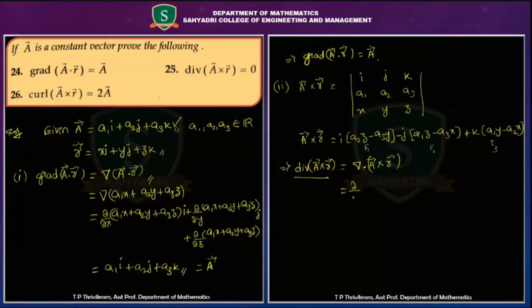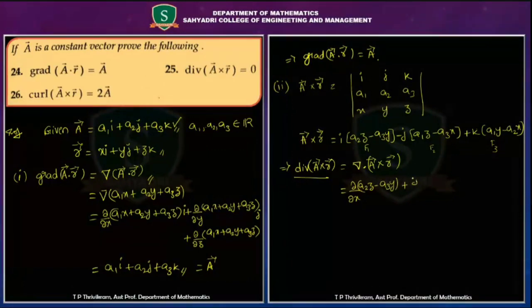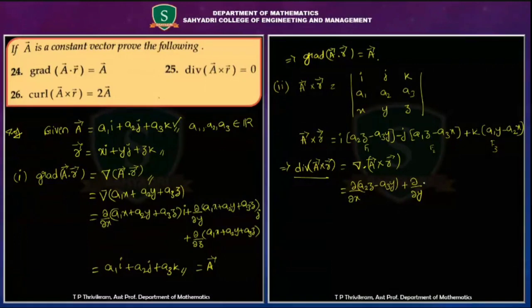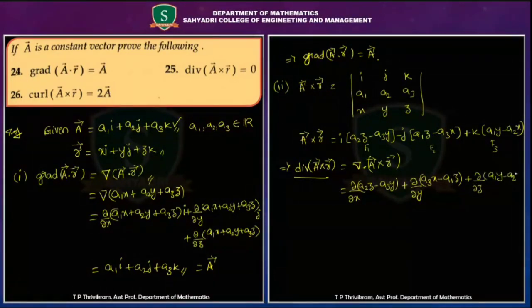So del by del x of the i component, a2z minus a3y, plus del by del y of the j component, where you multiply the minus inside, so you get a3x minus a1z, plus del by del z of a1y minus a2x.